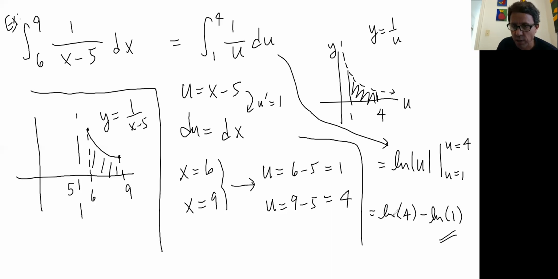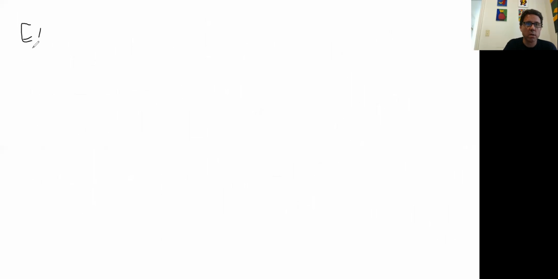And technically this is 0, and I get natural log 4 only. But that's the answer to the original problem. If I convert here, I don't have to replace and go back because I've already done all of the replacement here. So that's a shortcut.